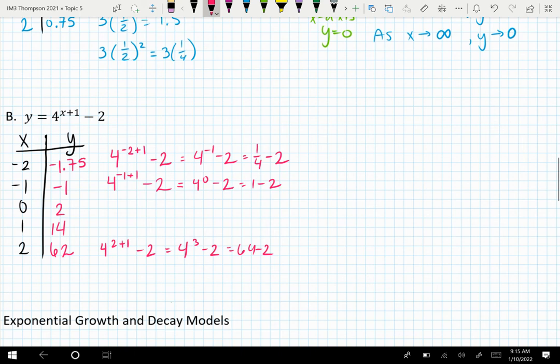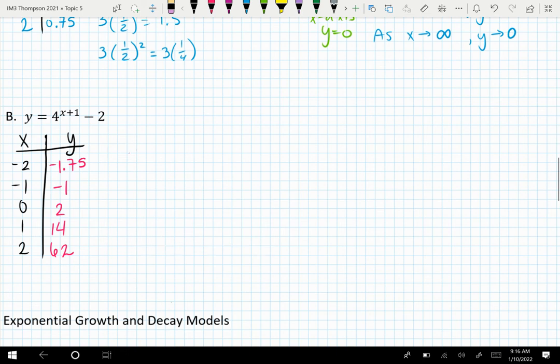I'm going to erase this work so I've got room for my graph. So if you need any pieces of that, you could jot it down. All right, I'm certainly not going to graph a y value of 62.